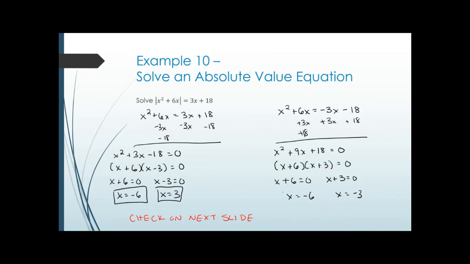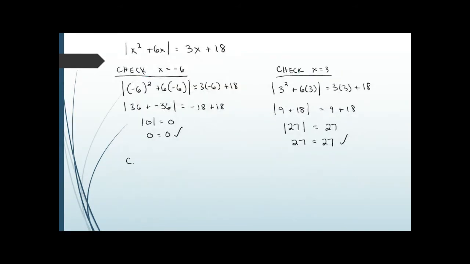Now, I've already checked x equals negative 6. Now I'm going to check x equals negative 3. So I've got my absolute value, negative 3 squared plus 6 times negative 3, close the absolute value, equals 3 times negative 3 plus 18. So negative 3 squared is 9. 6 times negative 3 is negative 18.